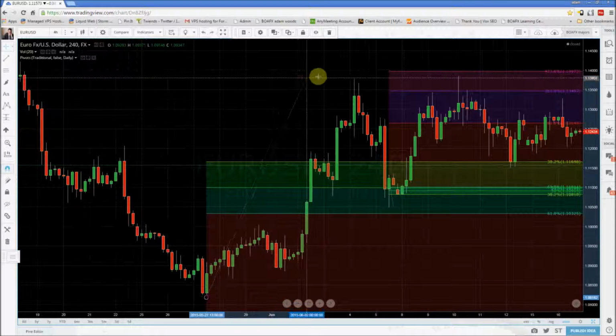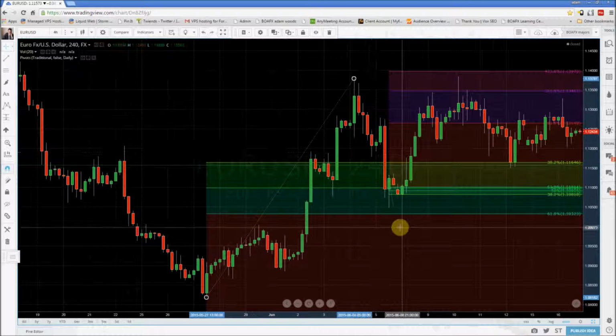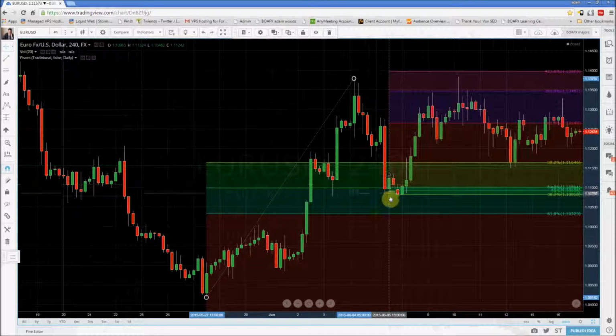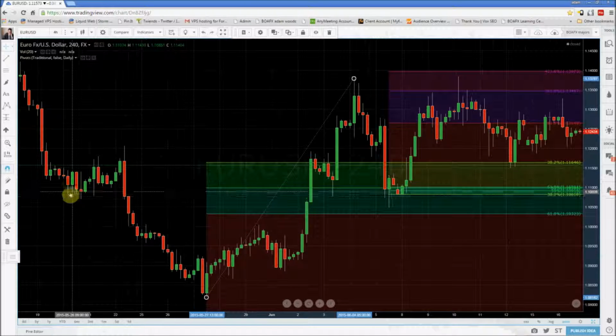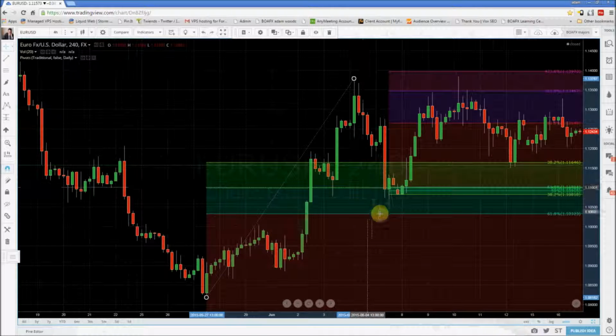In fact, see if I put that across there, you can see that a little bit better. Okay, so we know that we've come down to an area of a Fibonacci retracement level. It's been rejected. We can know that it's come down to a previous area of support. It's been rejected. So there's our first telltale sign that this is going to be a buy trade. Okay.